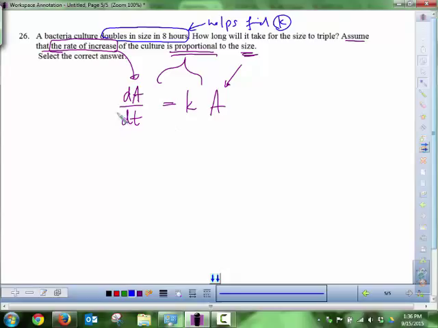All right, let's solve this differential equation. This is a separable differential equation. dA over A is equal to k dt, something like that. Then I'll take the integral: ln A is equal to kt plus C. A is equal to, I'm going to put A naught for the e to the C constant.